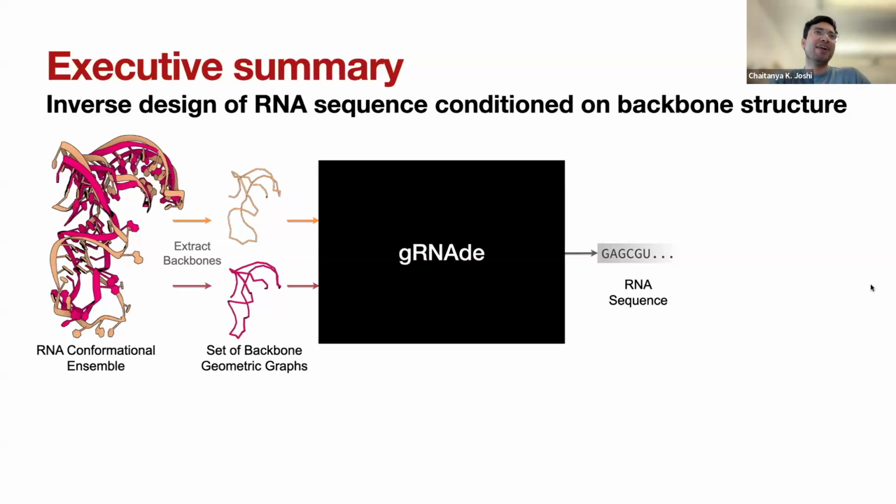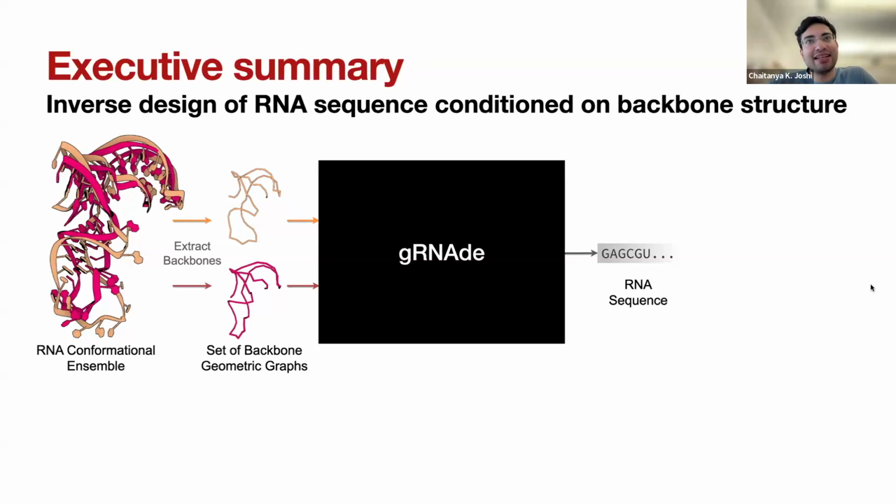gRNAde is a tool for inverse design, which is the problem of taking a backbone 3D structure, a structural scaffold, which roughly accommodates the functions that you want your molecule to have, and designing a sequence for it.